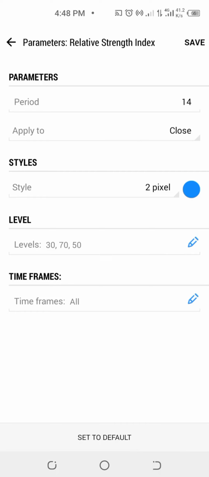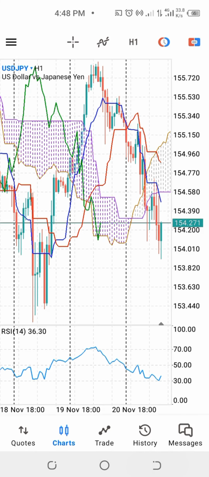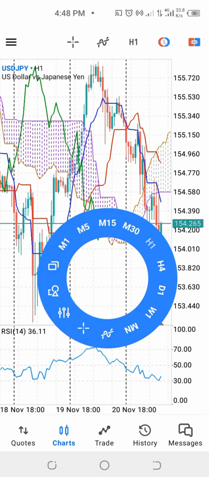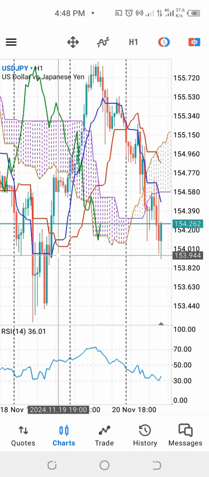I'm going to leave the period the same and then click on save. Now I'll move over to the chart to see the RSI. Good. The RSI is simply an oscillator that measures the strength and speed of price changes over a period of time. RSI values above 70 indicate an overbought market, while values below 30 indicate an oversold market.